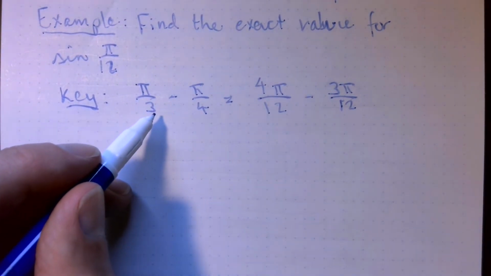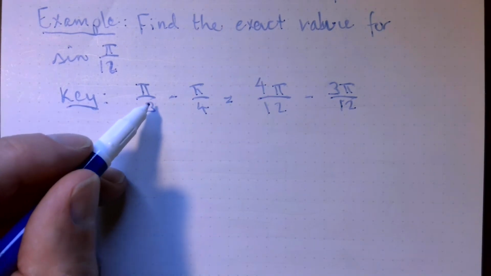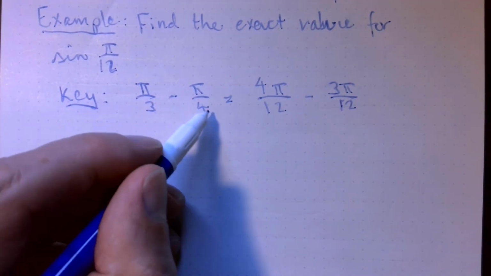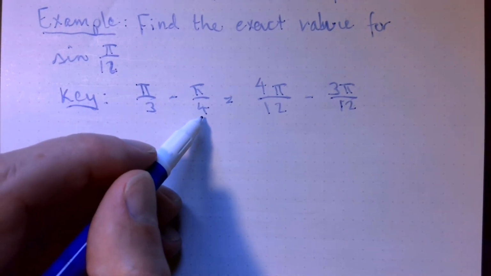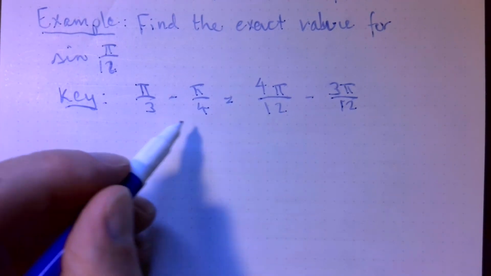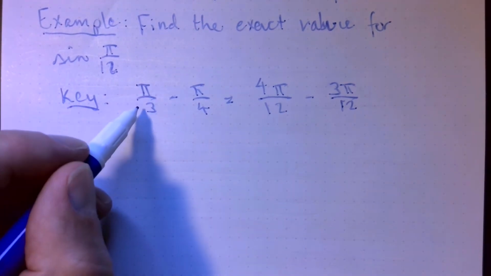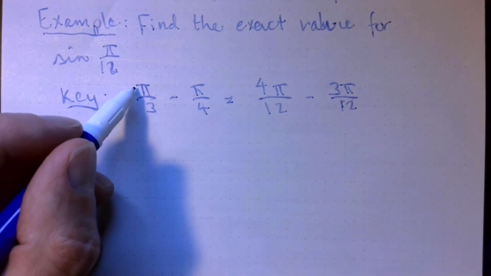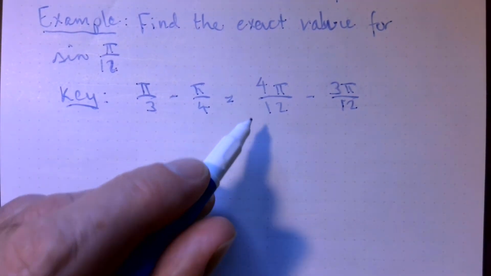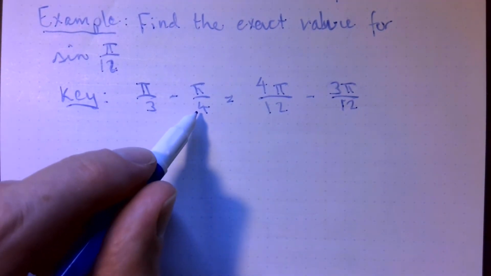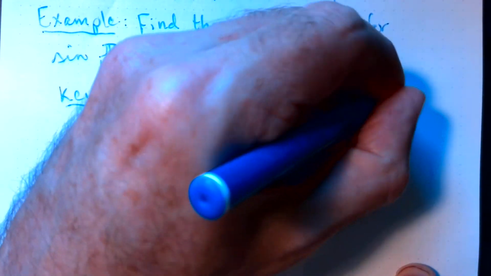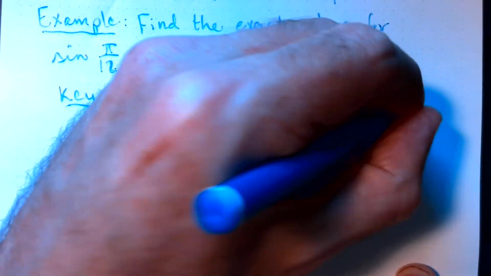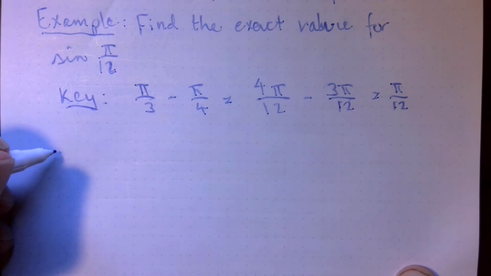Remember, the common denominator has to be something that both denominators divide into evenly. And if you want a number that 3 and 4 both divide into evenly, it's 12. So we're going to rewrite this with a 12 in the denominator by hitting it top and bottom with a 4. And then to get this to have a 12 in the denominator, we're going to hit the top and bottom with a 3. And then we get pi over 12. So we can see pi over 12 is the difference between these two angles.